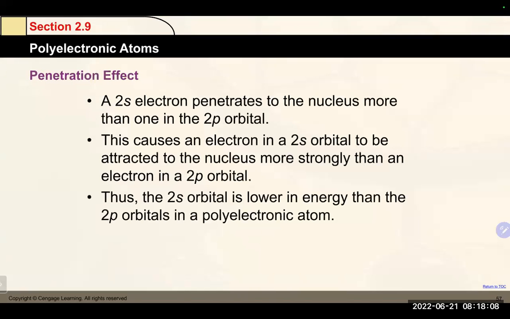I jumped the gun a little bit with showing the configuration, but what that affects is that there are some different penetration effects. The 2s orbital electron penetrates the nucleus more than a 2p. There are differences in the energy level of these different orbitals.